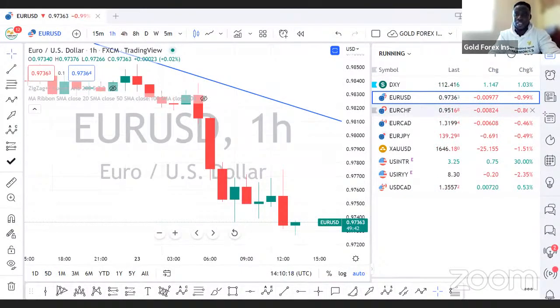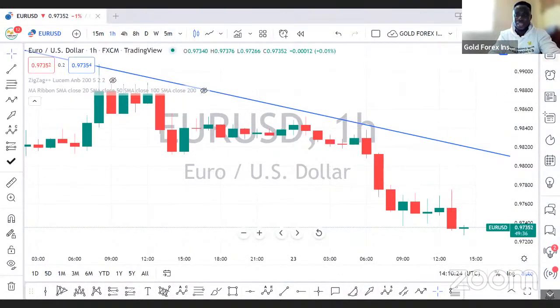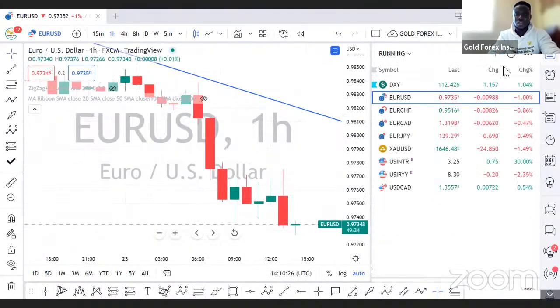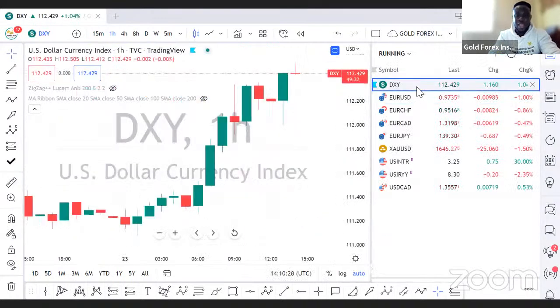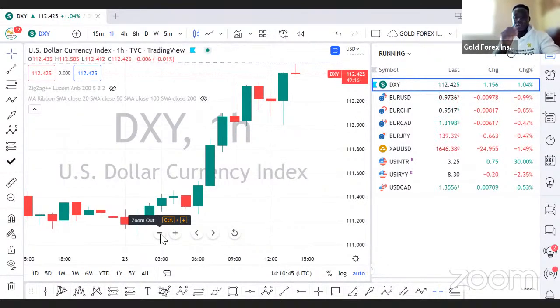With the dollar pairs, everything is based on the DXY. As I told you, everything that you see is based on the DXY. The DXY is the golden tool, the strength meter for all the dollar pairs, and the DXY has shown some great improvement over a period of time.